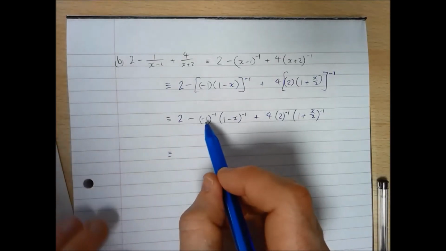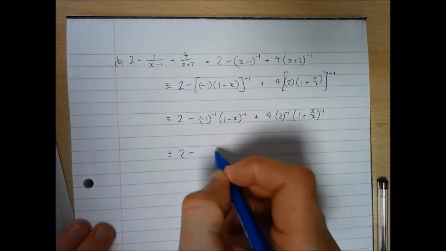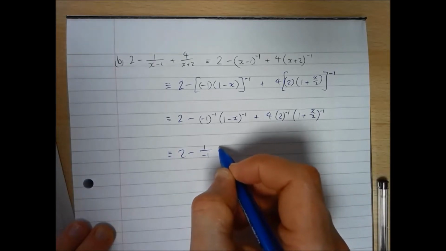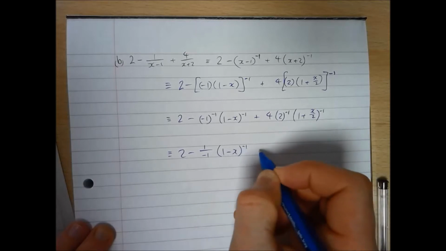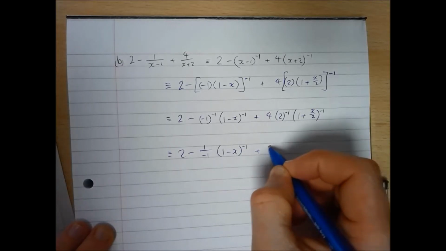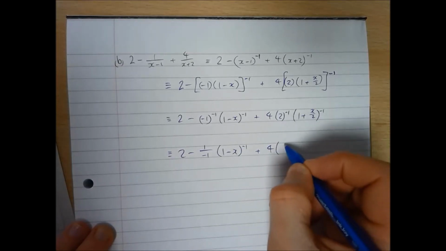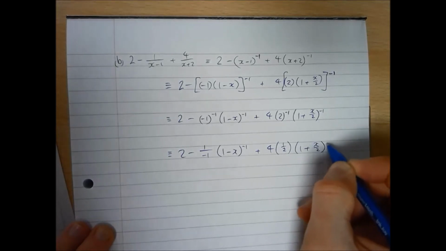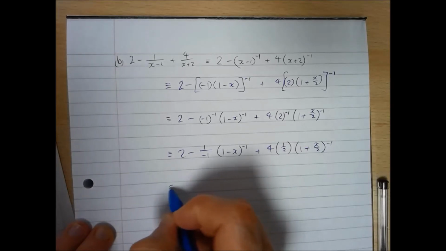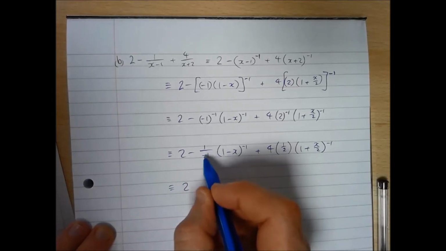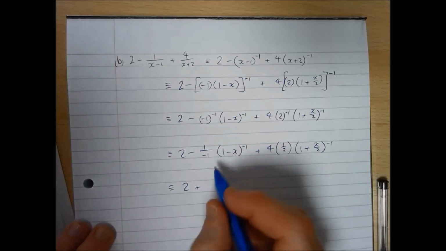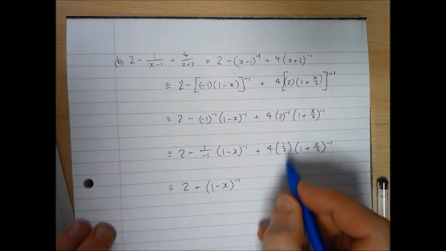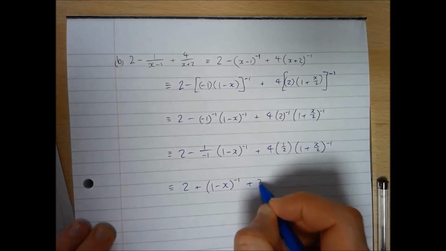So minus 1 to the power of minus 1, so that's 1 over negative 1. 2 to the power of minus 1 is a half, 1 over 2. Tidy the coefficients up a bit. Minus 1 over minus 1, that's plus 1, which is just plus this bracket as it stands. 4 times a half is 2.